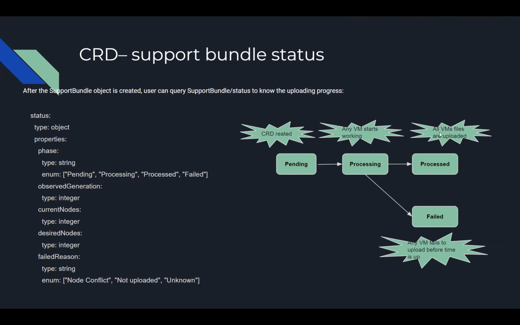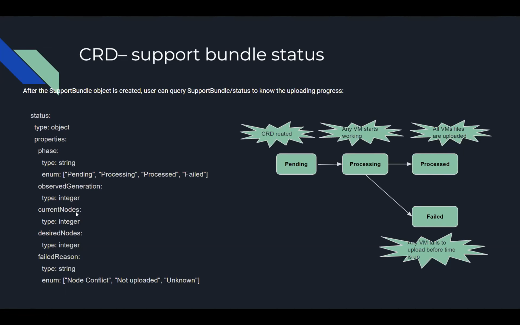Only when all VMs have completed uploading the files, the CRD status is marked as processed. But if time is up and any VM fails to upload the files, the CRD status is marked as failed. And at runtime, the status has some other information for the user to know the progress.